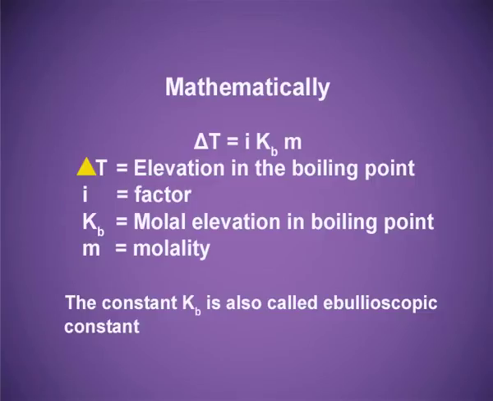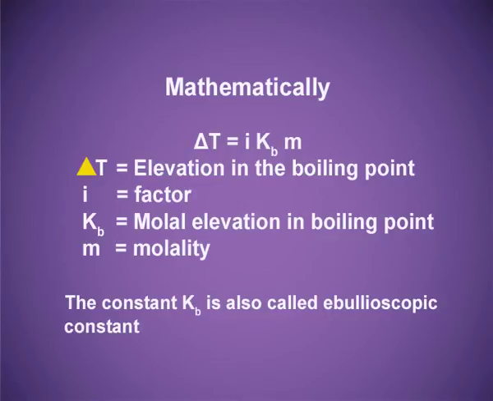Now, mathematically you can see delta T is equal to i Kb m. Here delta Tb, or delta T, is the elevation in the boiling point. i is Van't Hoff's factor, which I will explain later on.